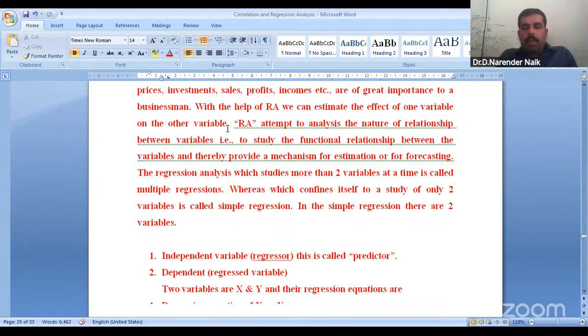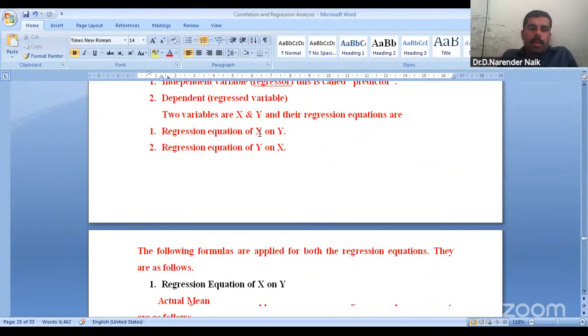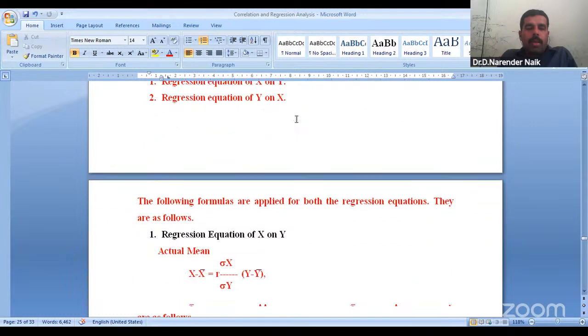This is called the predictor. The dependent variable is the regressed variable. Then the two variables are x and y, and their regression equations are the regression equation of x on y and the regression equation of y on x. The following formulas are applied for both the regression equations. They are as follows.